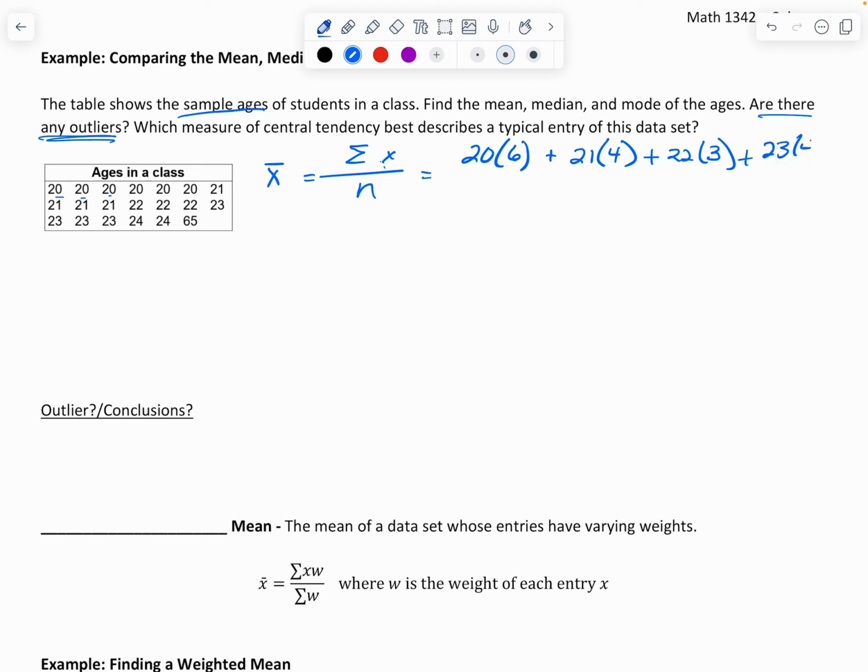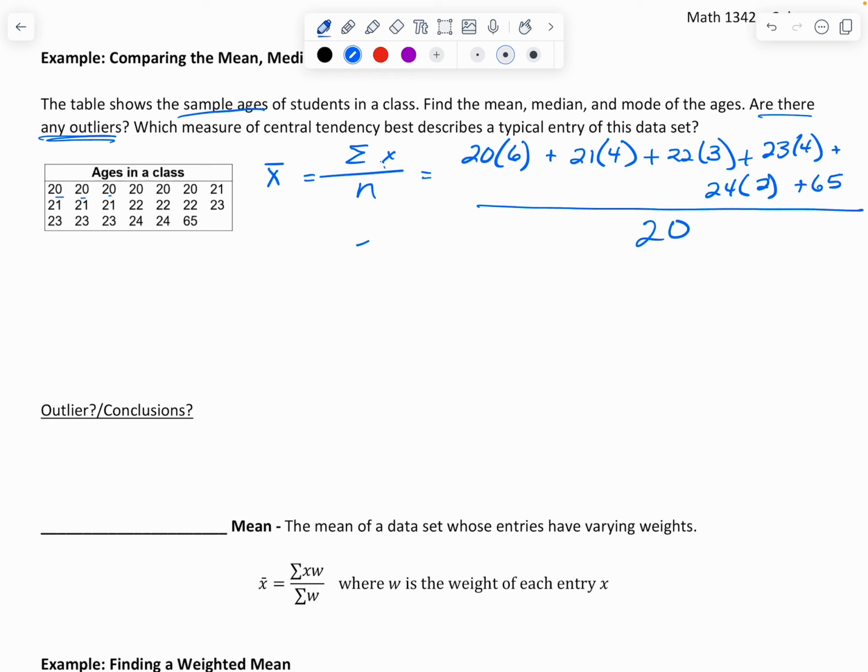There are 4 students who are 24. There are 2 students who are 24. I think I said that backwards. And there's a person who is 65. In total, there are 1, 2, 3, 4, 5, 6, 7, 14, 20 students in the class.